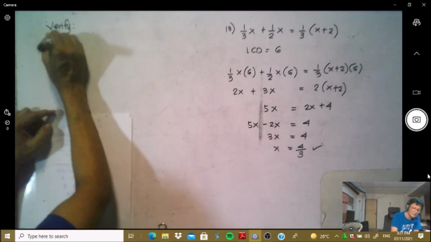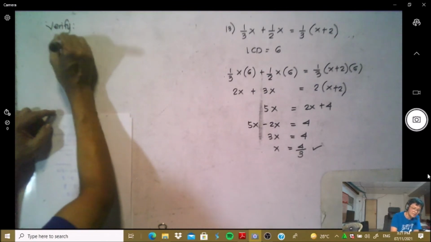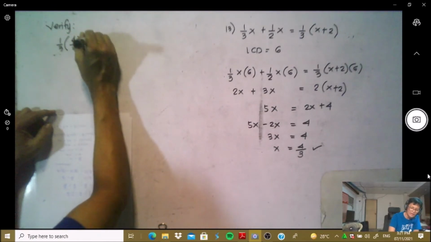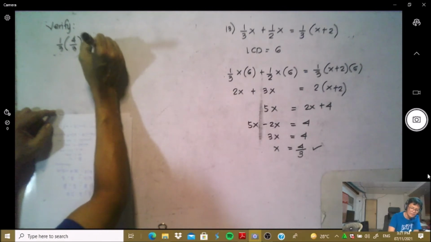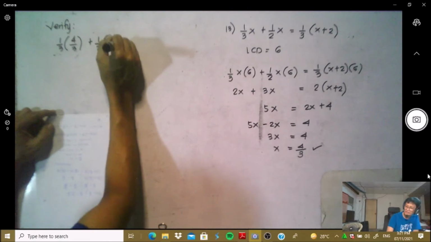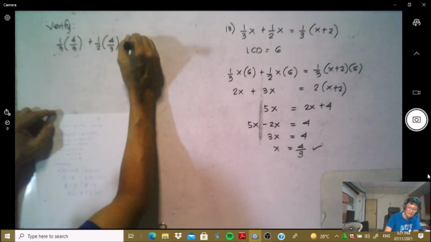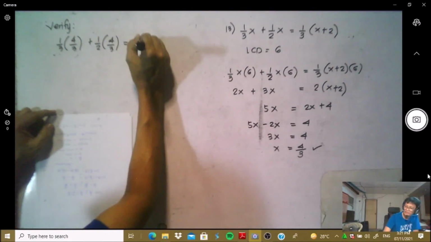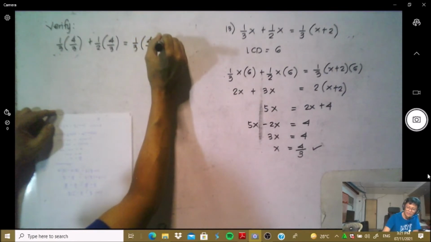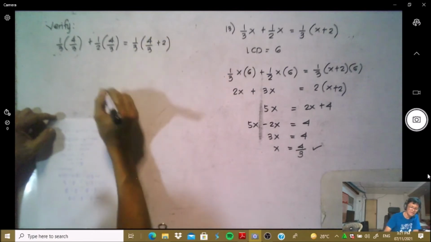We have 1/3 multiplied by 4/3 for our value of x plus 1/2 multiplied by 4/3 then will be equal to 1/3 multiplied by 4/3 plus 2. Okay, so we can combine.